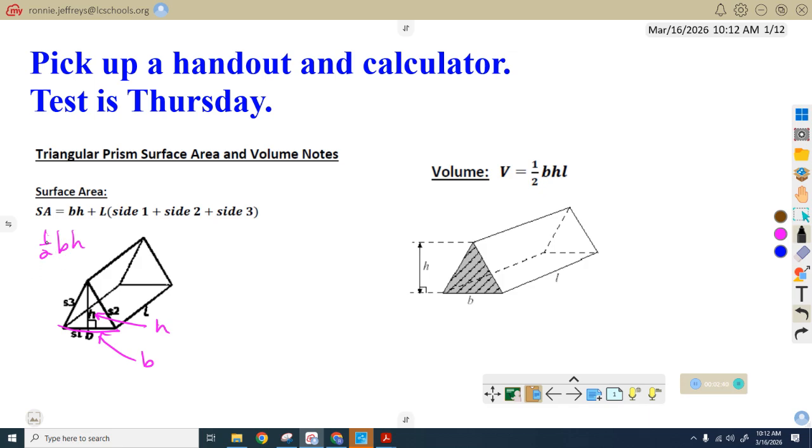So instead, the 1/2 is now gone, because we have two triangles, so that 1/2 times 2 would cancel out. Now this length, we're also going to see this again over here, and multiply it by these three sides. Now volume is a little bit more simplistic, just like all the other things: 1/2 base times height times length.